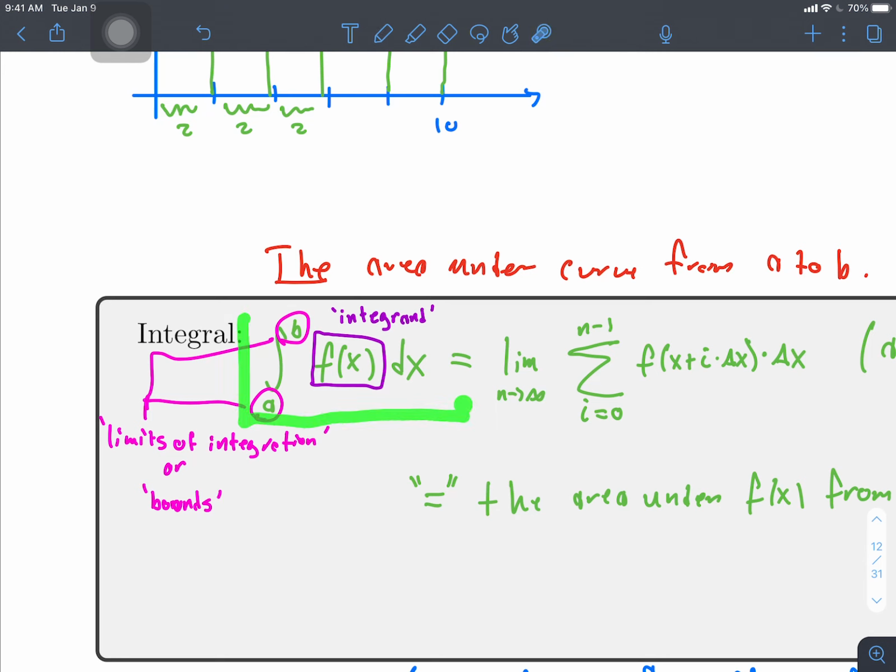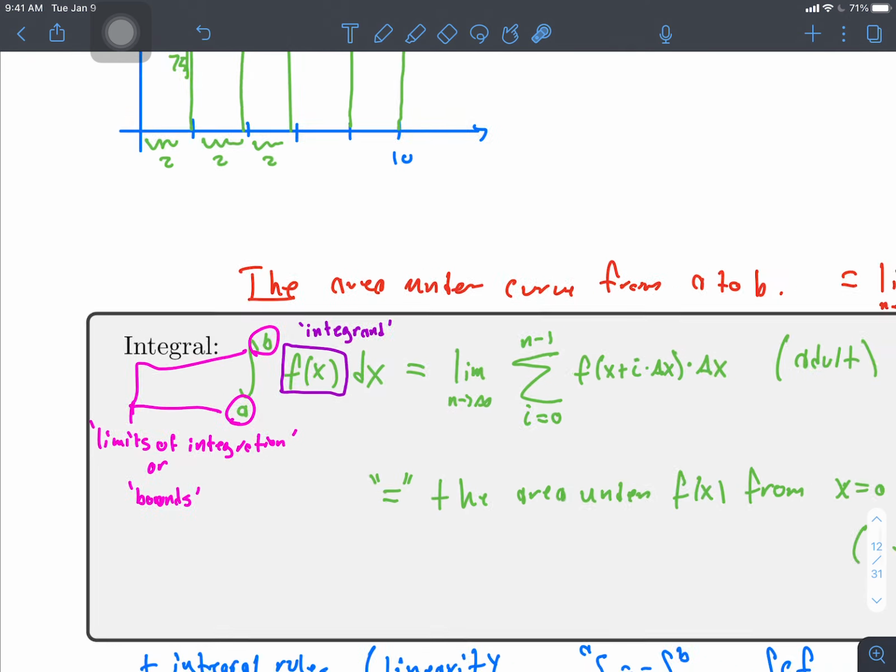At the end of the day, this writing represents a number. It represents the area underneath f of x from a to b. So when you see these limits of integration here, we know that the end result of this process is just going to be a number. It will be the area under that curve from a to b.